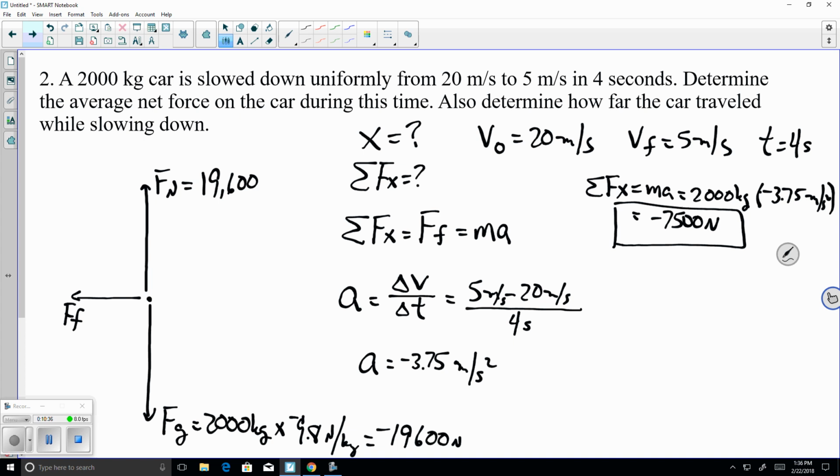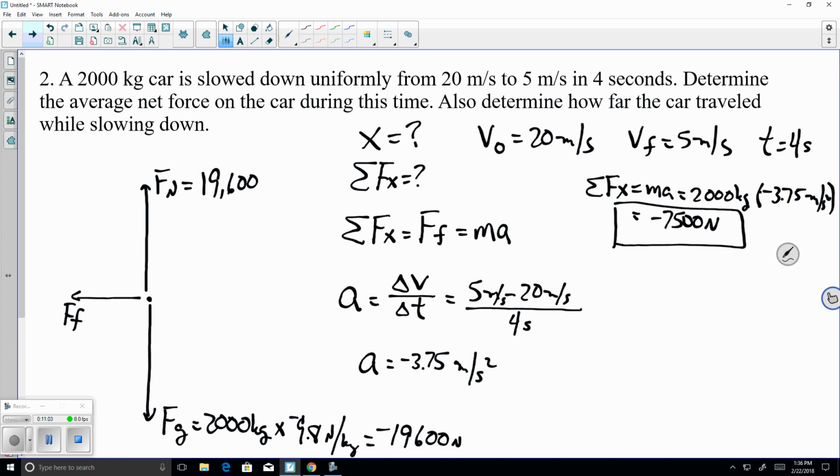I figured out a, I have time, I have the original velocity, and the original position we would just assume to be 0. Okay. The other formula I could use, and I'm going to use this one because it's a little harder if you decide to use this one, is VF squared equals VO squared plus 2A delta x. Okay, so let's go ahead and do that.